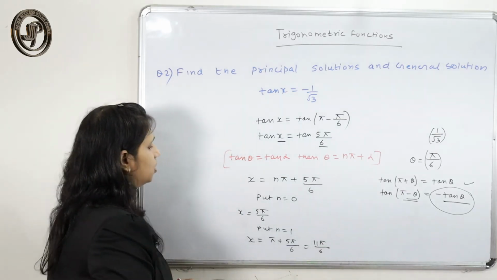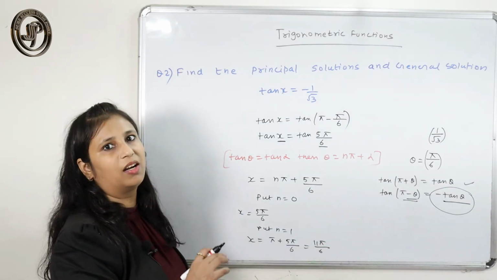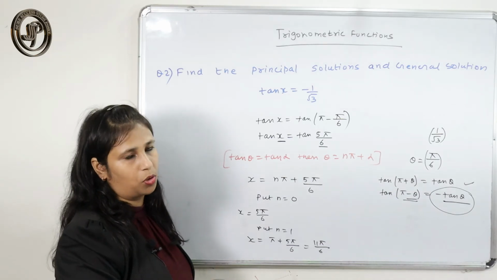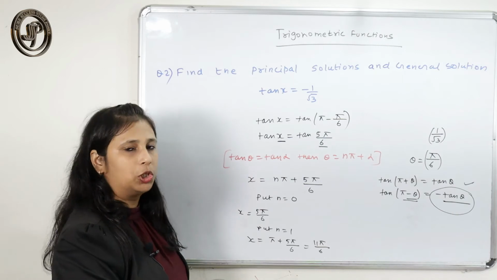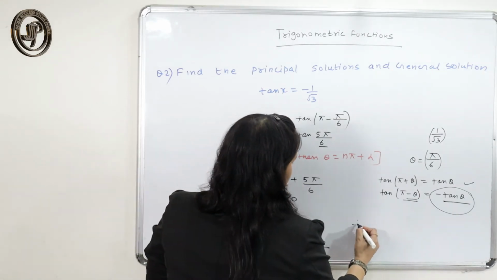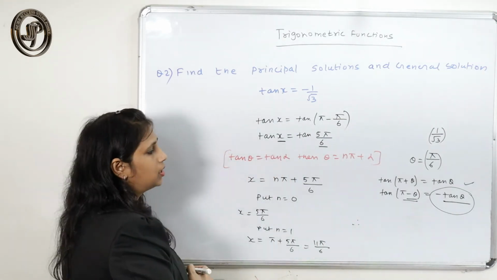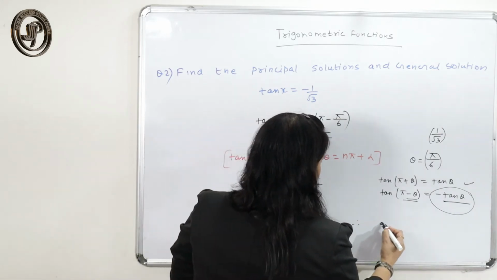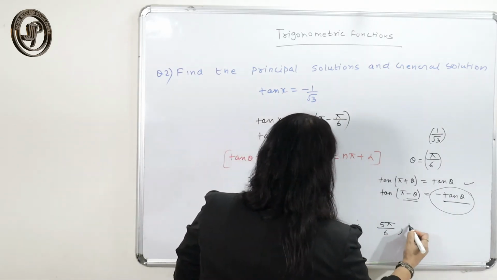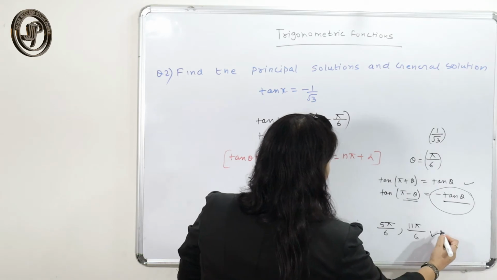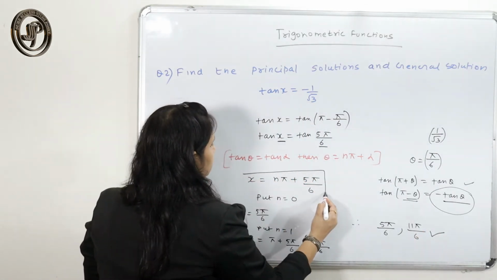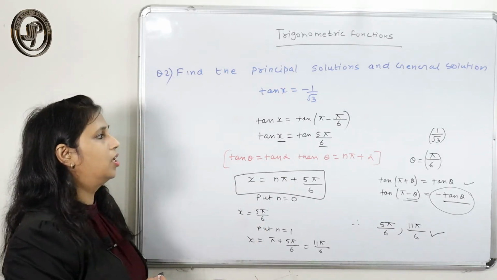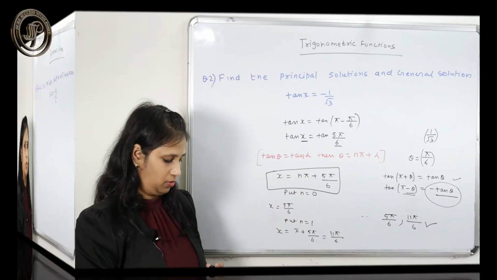If I put n equals 2, my answer will become more than 2 pi, that I don't require, because I only require the values that lie between 0 and 2 pi. Therefore my principal solution will be 5 pi by 6 and 11 pi by 6. It is my principal solution, and this is my general solution.